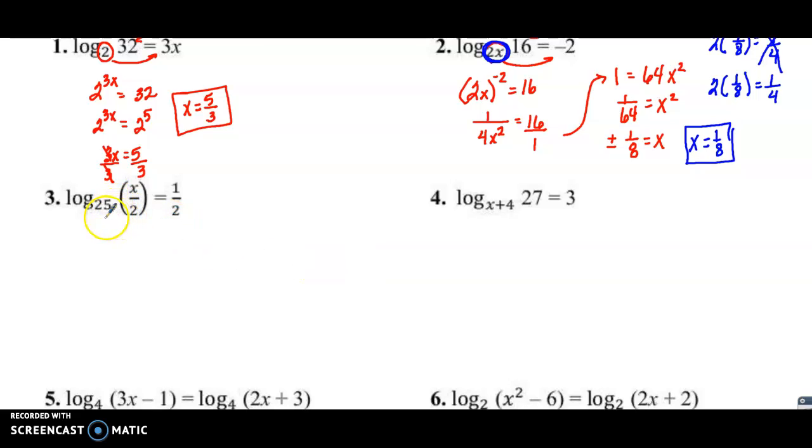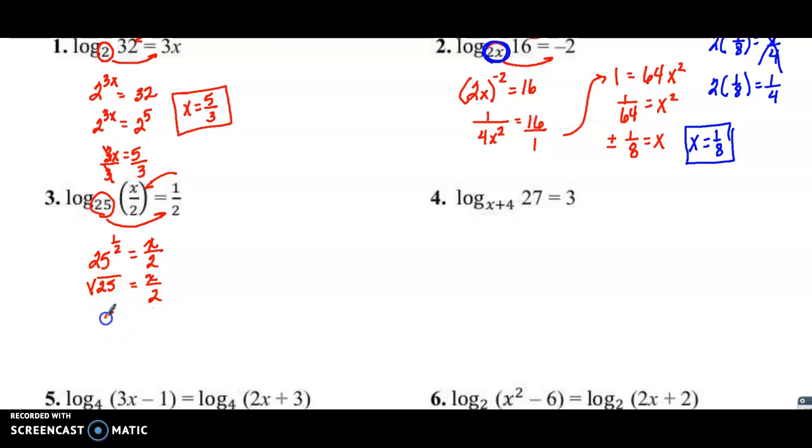So for number 3, same thing. We're going to take our base of 25. We're going to raise it to this power, 1/2, and it's going to be equal to that stuff, which is x over 2. 25 to the 1/2, remember that really just means the square root of 25 equals x over 2.